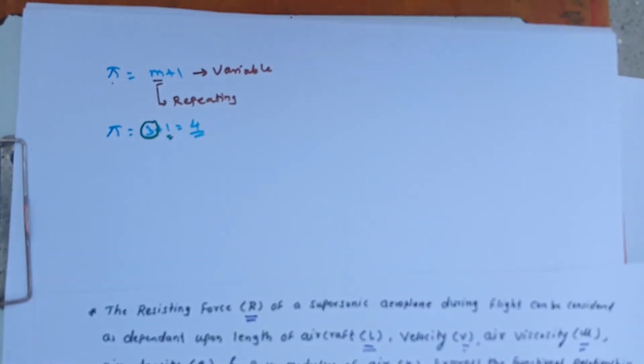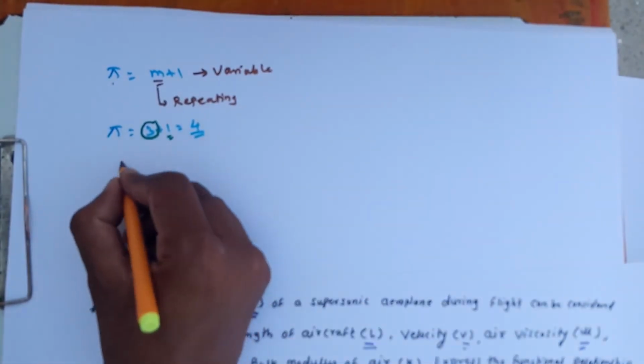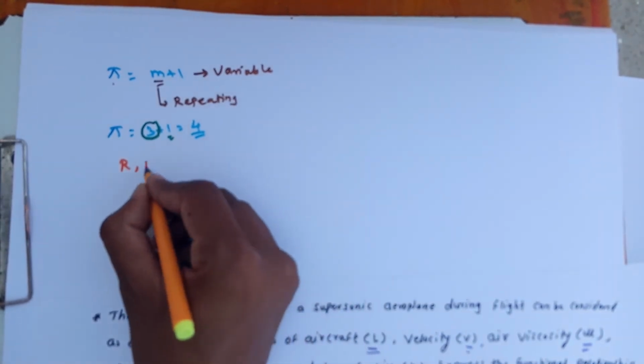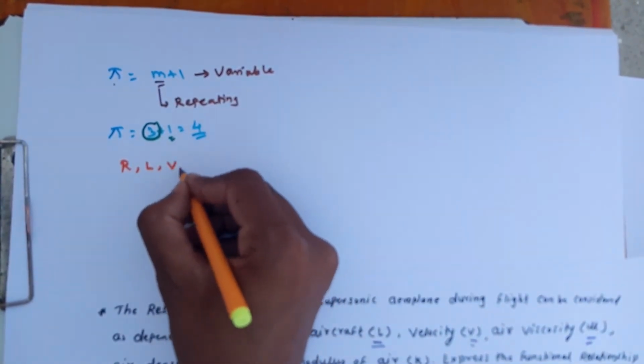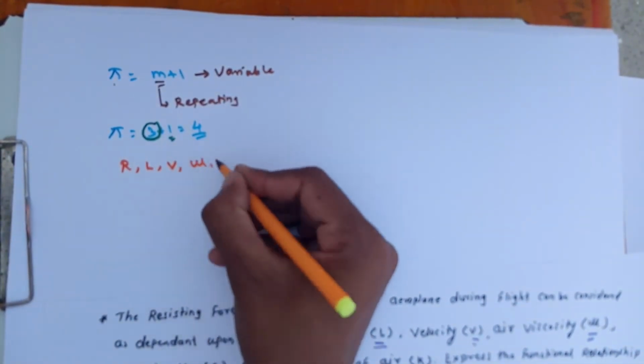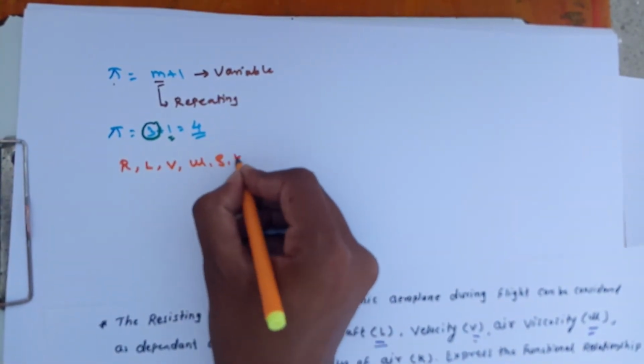As we know, in the problem statement we have a total of 6 variables. Those 6 variables are r, l, phi, mu, rho and k.